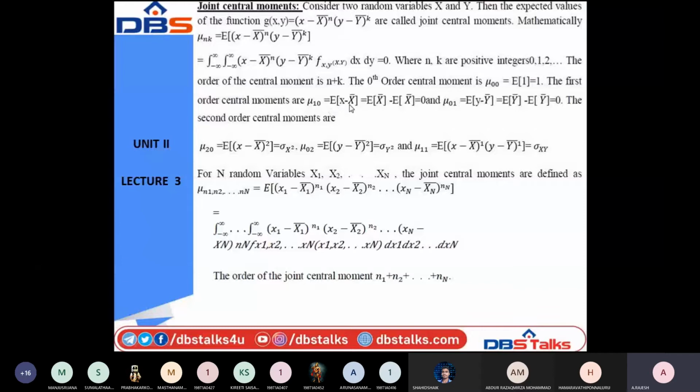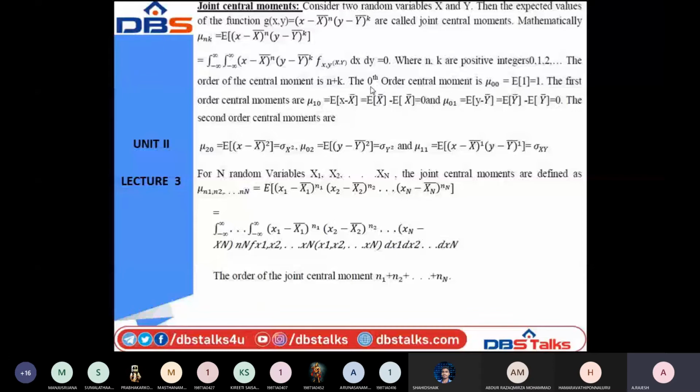In the same sense, mu of 0 1 is equal to E of (small y minus Y complement), which is equal to the expected value of capital Y minus the expected value of capital Y complement, which is equal to 0. We have written the zeroth order and the first order, and now the second order.